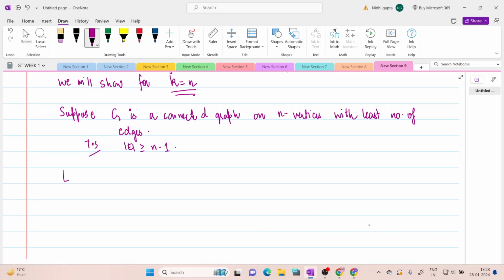So let e belong to G. Since we have picked the connected graph with the least number of edges, we have that G minus e is disconnected, or G minus e has two connected components.